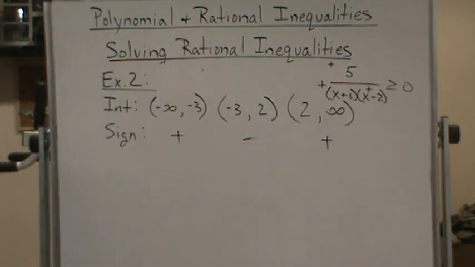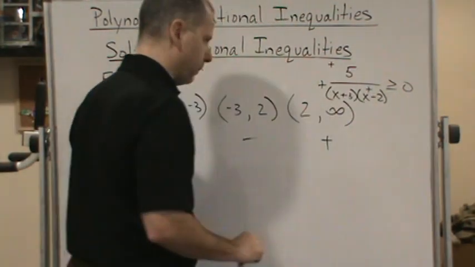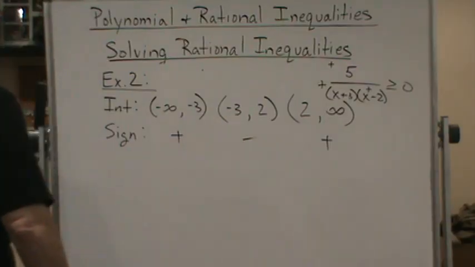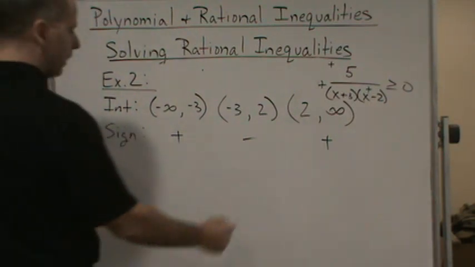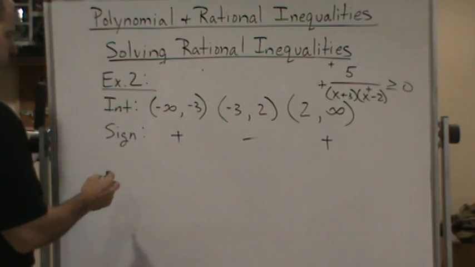So now for the solution set, again, greater than or equal to 0, but since we don't have any zeros or intercepts, we're not going to include those, and we're not going to include 2 and -3 because those are where vertical asymptotes occur.